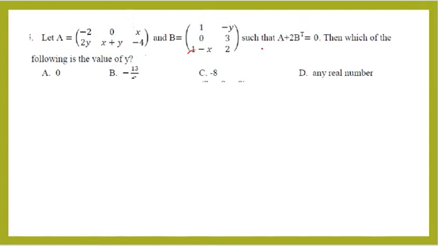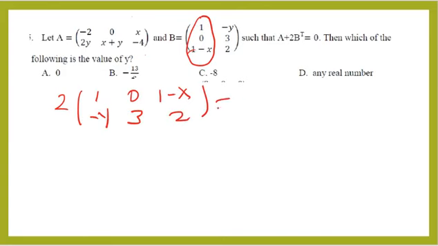What does transpose mean? Transpose means we take the first column as the first row for B. Then we'll multiply by 2. 2 times 1, 0, and 1, minus 6. And in the second, we take the second column as the second row: negative y, 3 and 2.